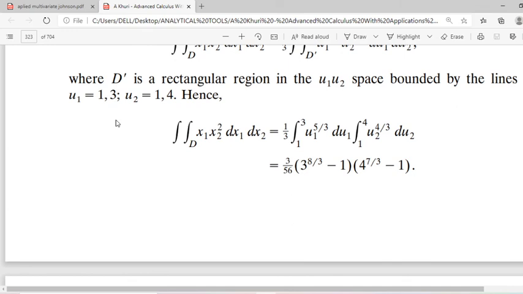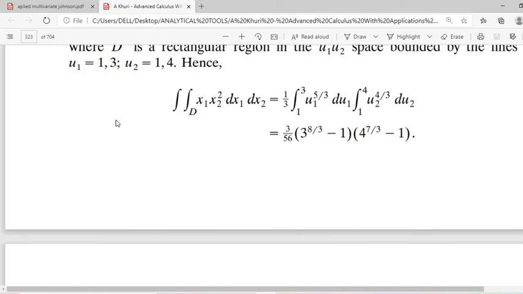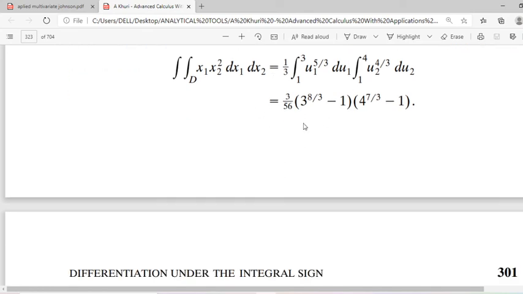1 by 3 into the integral from 1 to 3 of u1 raised to 5 by 3 du1, and the integral from 1 to 4 of u2 raised to 4 by 3 du2. So substitute and you get the result like this.